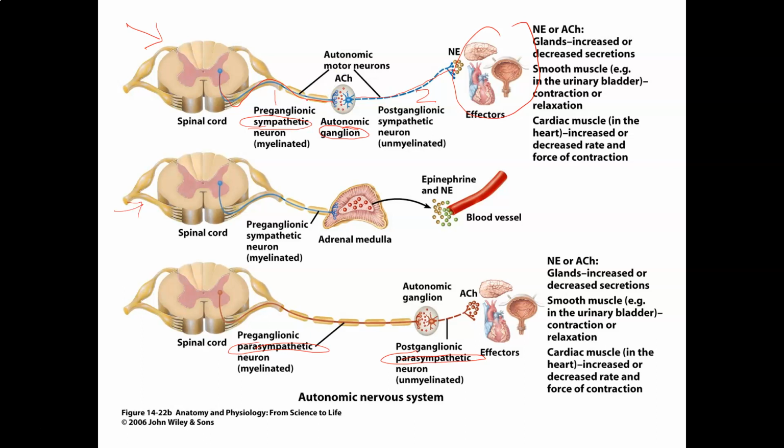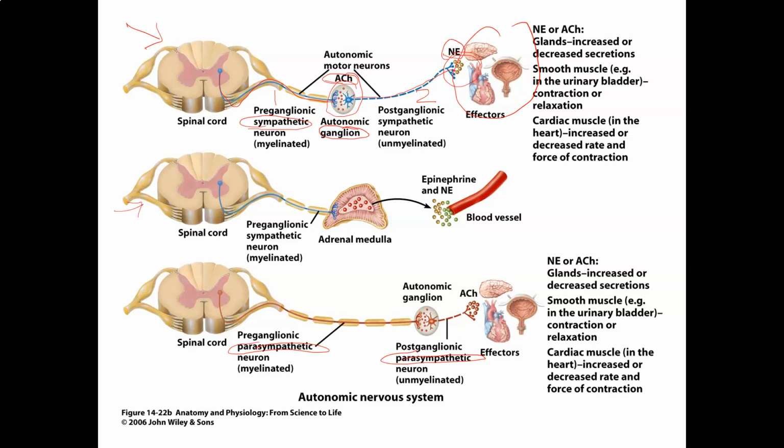If we're keeping track of what neurotransmitters are released, we have to look at two different synapses for both divisions. For the sympathetic, there's this synapse where the preganglionic and the postganglionic are synapsing, and we see that the neurotransmitter is good old familiar acetylcholine. Then when we look at the next synapse between the postganglionic sympathetic motor neuron and the target organ, we see it's a different neurotransmitter.